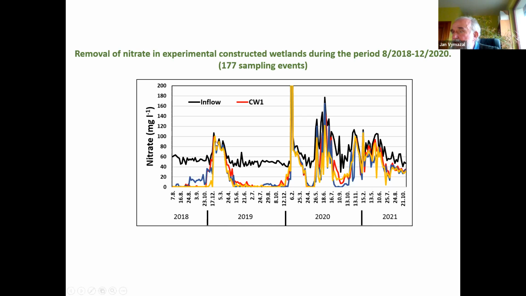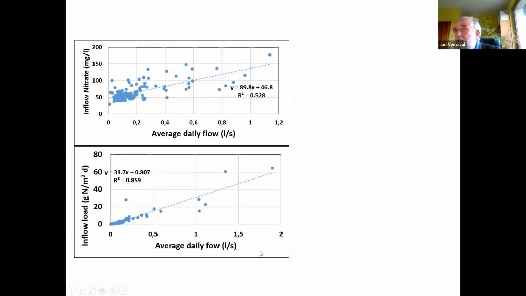So the black line is the inflow, and these three colored lines are the wetlands. So here about 93% of total nitrogen is nitrate. And here you can see this is very interesting, because this is quite typical for drainage.